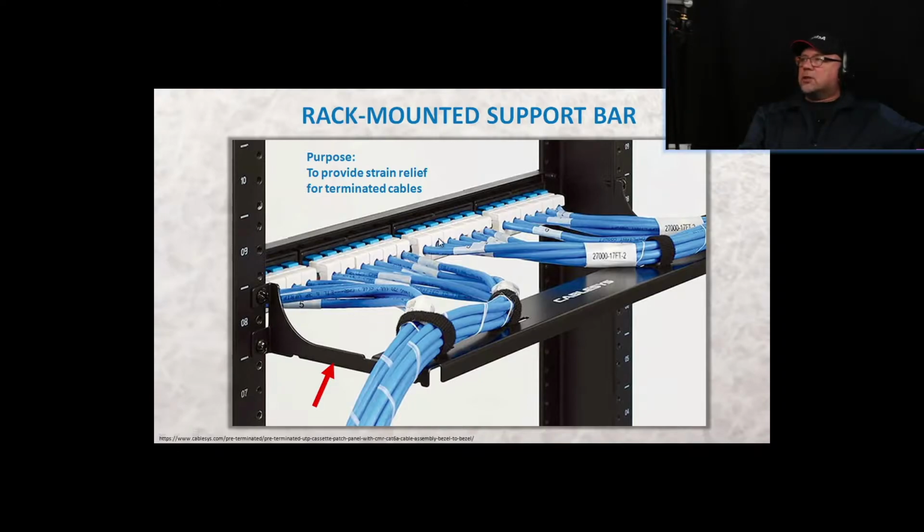This is something that's called an unloaded patch panel, because you just terminate the cable onto the jack and you snap the jack into the opening, and then you can use the support bar to support the weight of the cables, and now they are nice and easy and straight going into the ports, and there is no physical strain put on them. Okay, so that's the support bars. A very, very common thing that is being used.